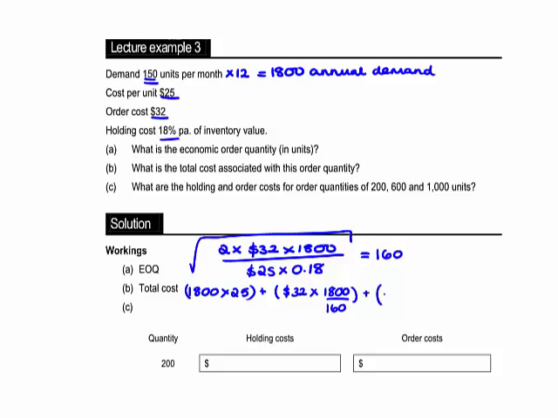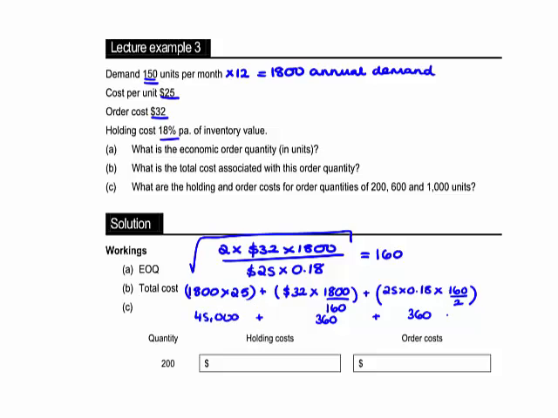And we've also got our holding costs, and our holding costs then were $4.50 per unit, and on average we're going to hold 80 units. So here then my holding costs are $360 per year. My ordering costs are also $360 per year, and my purchase costs are going to be $45,000.